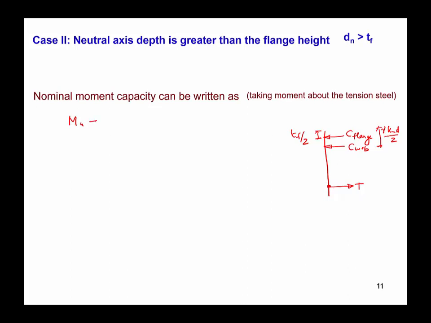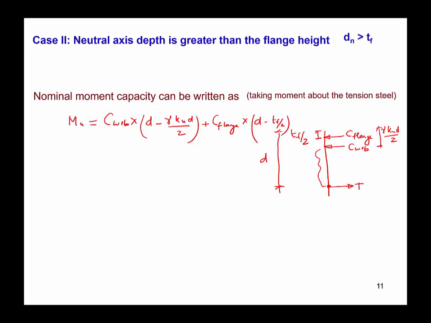So Mu equals C web, the compressive force in the web, multiplied by this distance, which is nothing but the effective depth from here to the point of application of T. So D minus gamma KUD over 2, plus C flange multiplied by D minus TF over 2.